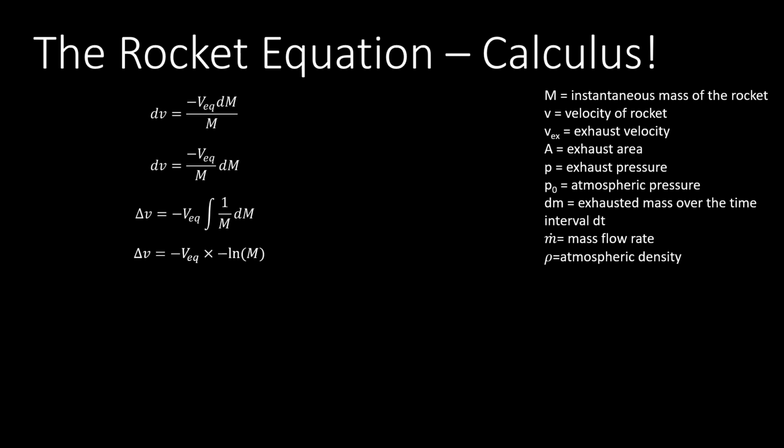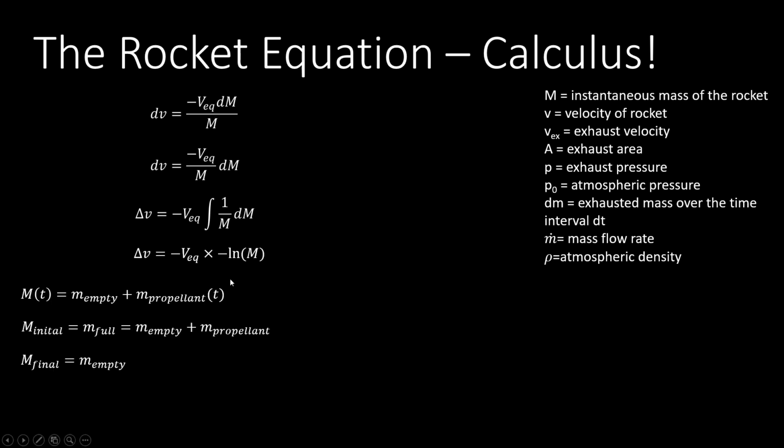To reveal its true nature, we've got to understand that a basic rocket has two masses. These are the masses of the empty rocket and of the propellant. And so the empty rocket is just the structure and the payload. Using the following equations, we may discern that the instantaneous final mass of the rocket is simply equal to the empty mass of the rocket.